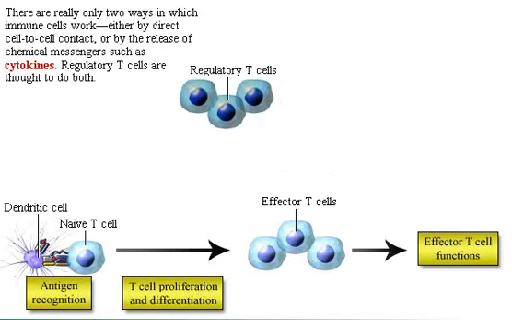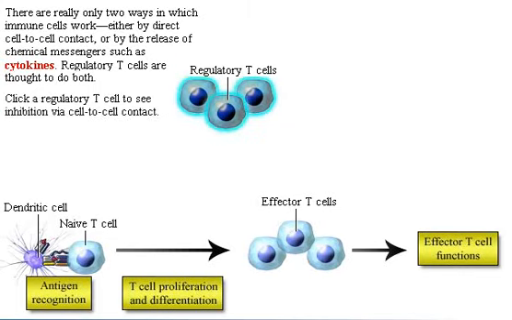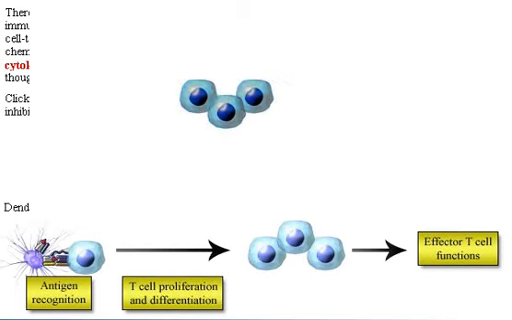As we have seen throughout the immune system, there are really only 2 ways in which immune cells work, either by direct cell-to-cell contact or by the release of chemical messengers such as cytokines. Regulatory T cells are thought to do both. Click a regulatory T cell to see inhibition via cell-to-cell contact.